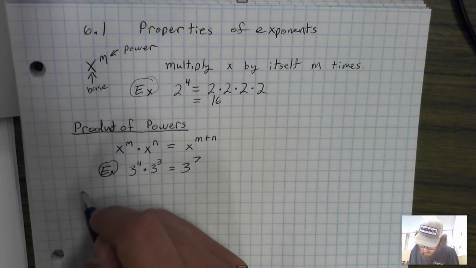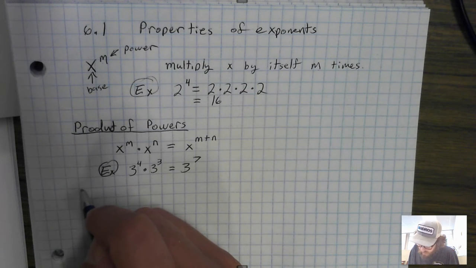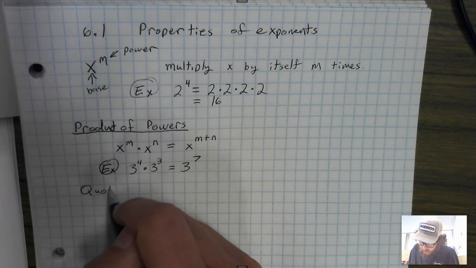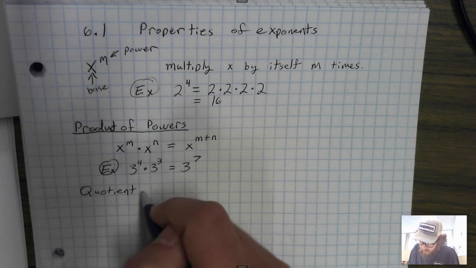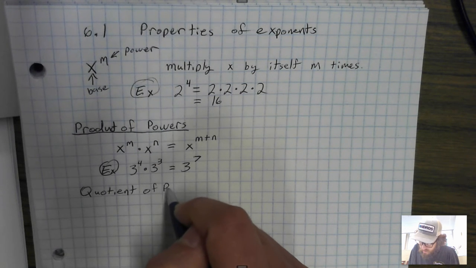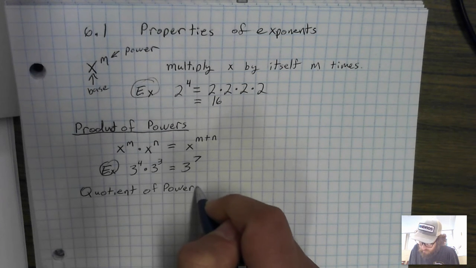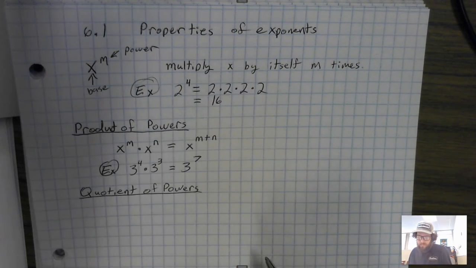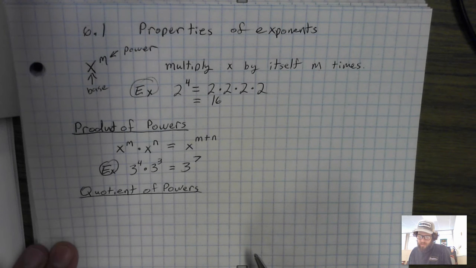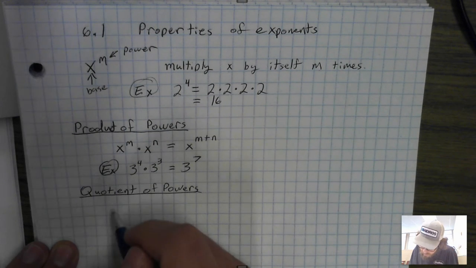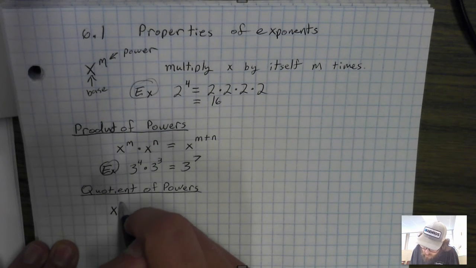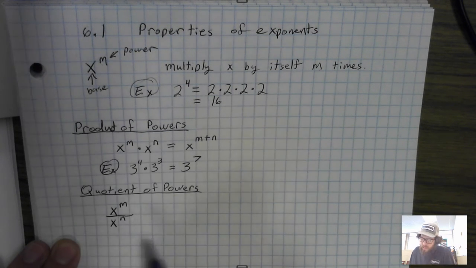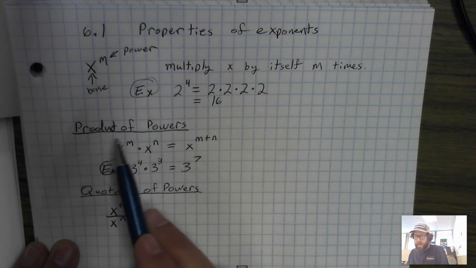The next rule is called, after the product, that's when you multiply things, we'll go to the quotient of powers. Quotient is division. So now we've got something, x to the m over x to the n. So the quotient is the opposite of a product.